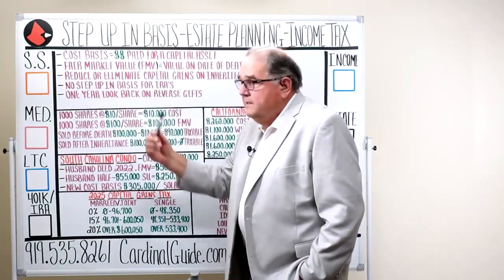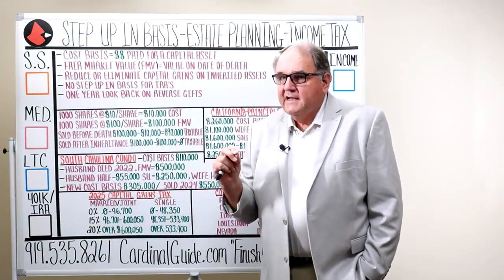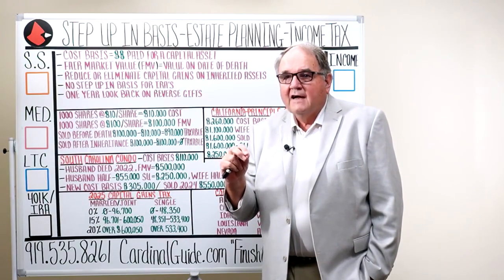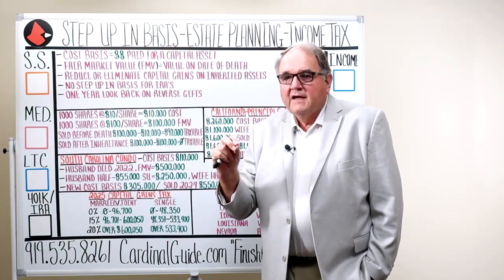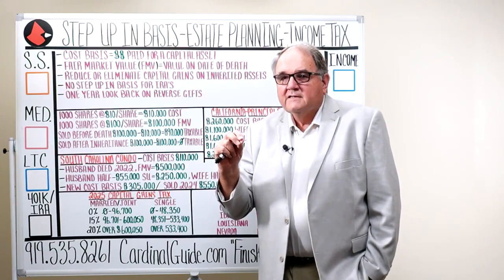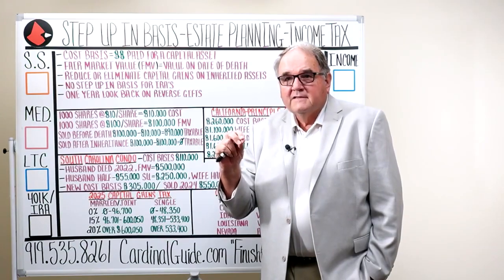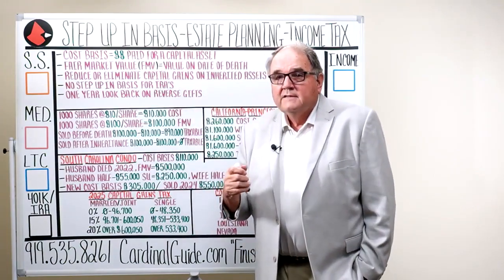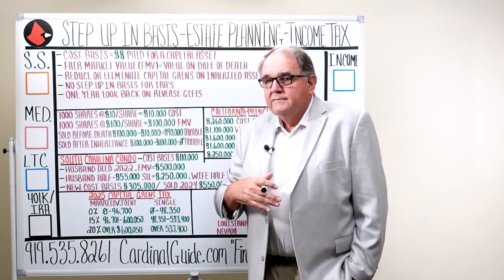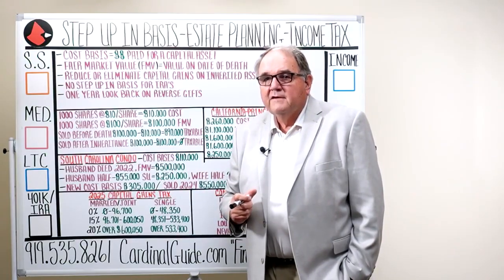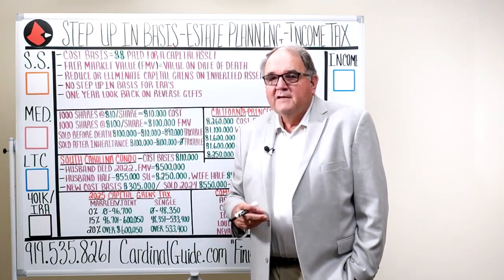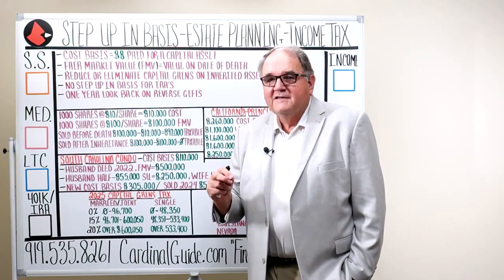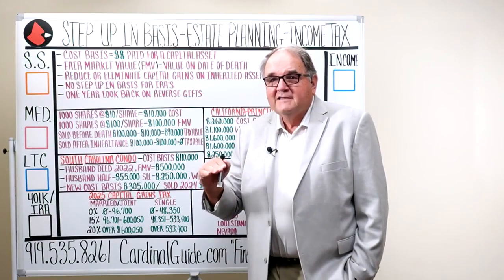The first term you need to understand is cost basis. That's an accounting term. When you sell a piece of property or some stock, your CPA or your accountant or the person preparing your taxes is going to want to know your cost basis. The cost basis is the amount you paid for a capital asset. So if you bought 100 acres of a field used for farming and you paid $2,000 an acre years ago, that's $200,000 as your cost basis.